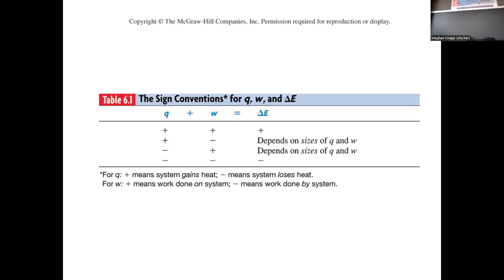Of course, our total energy is going to depend on the sign of Q and W. If they're both positive, it'll be positive. If they're both negative, it'll be negative. And if they're not the same, it'll depend on which way they're going. But what is always true is that if Q is positive, heat, thermal energy, is going into the system. If it is negative, thermal energy is leaving that system.